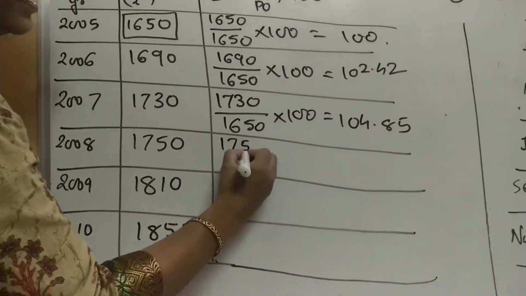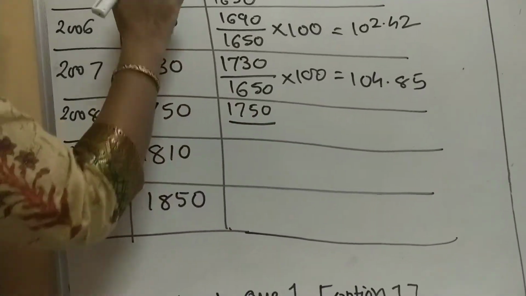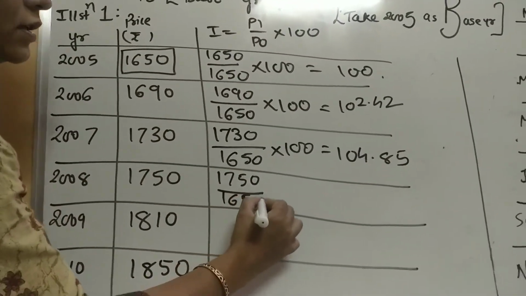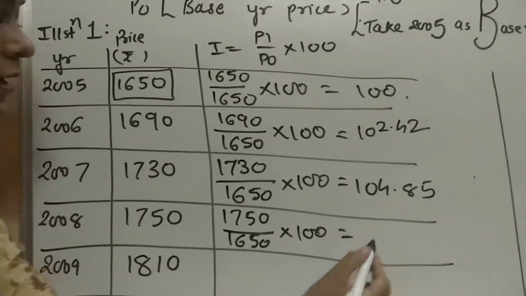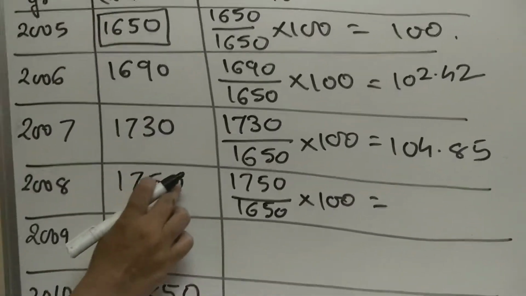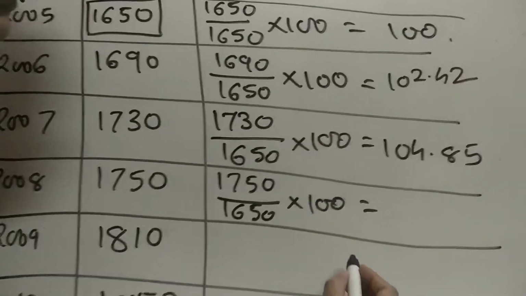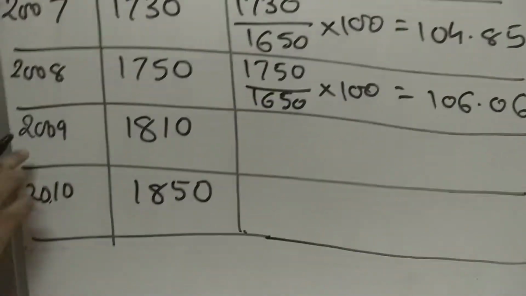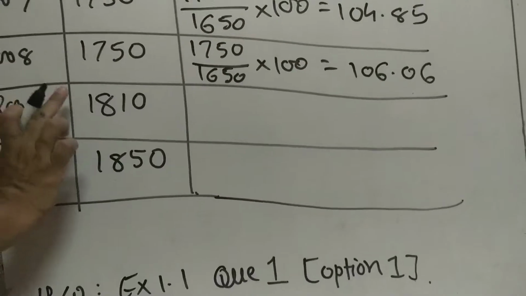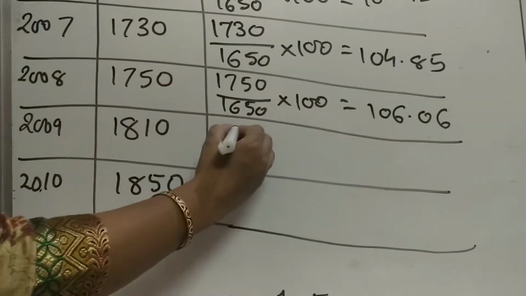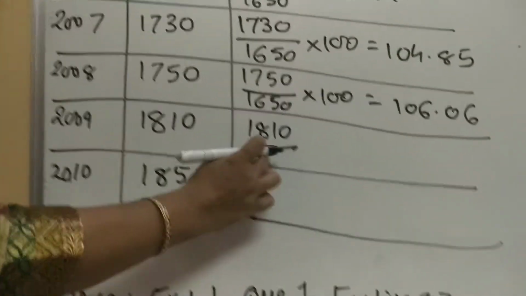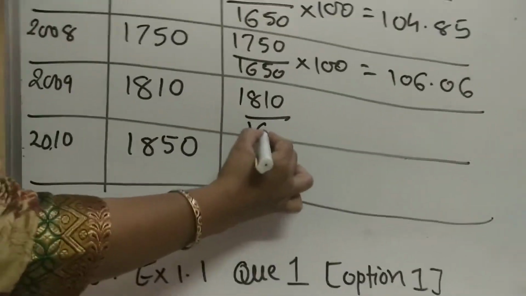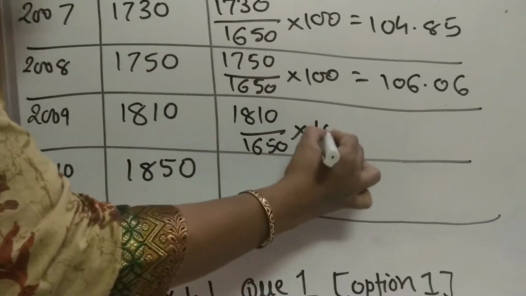2008 will become my current year. So 1750 upon this 1650 into 100. So what is the answer? Now the answer would be 106.06. Now 2009 will become my current year and its price is 1810. Base year price again 1650 into 100.